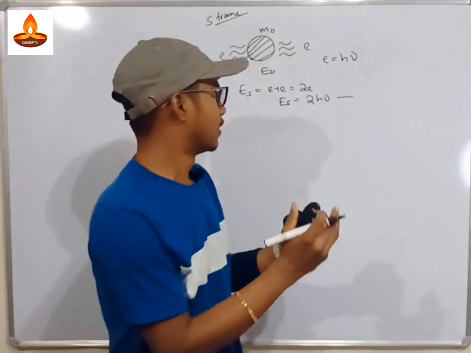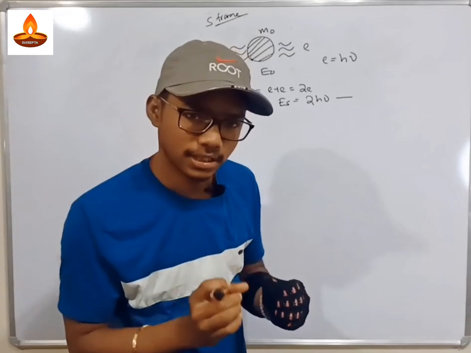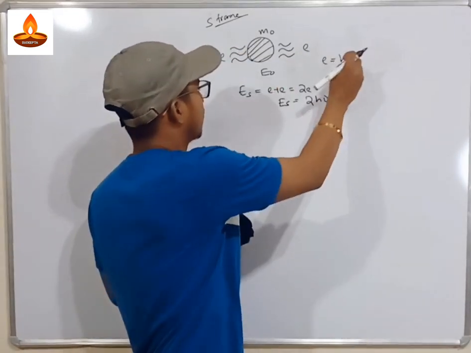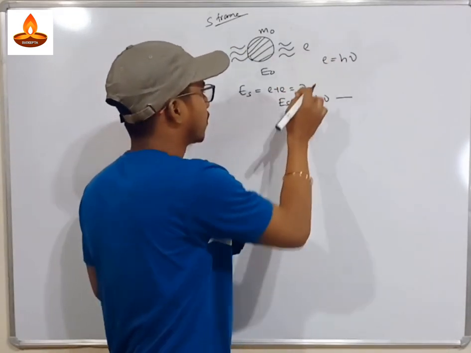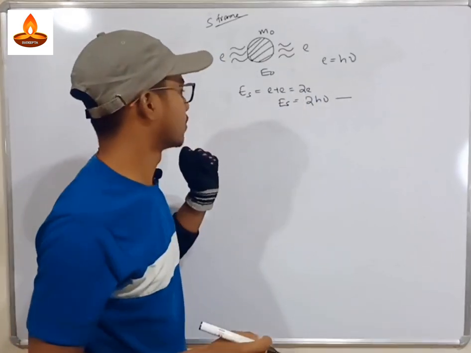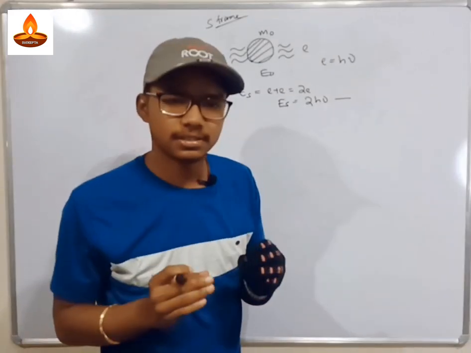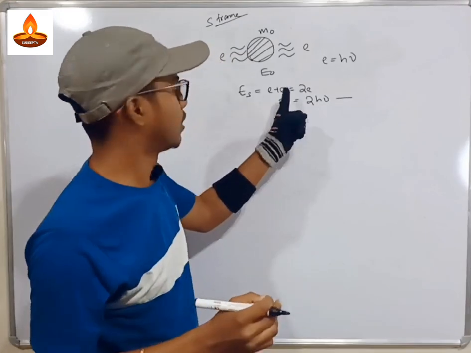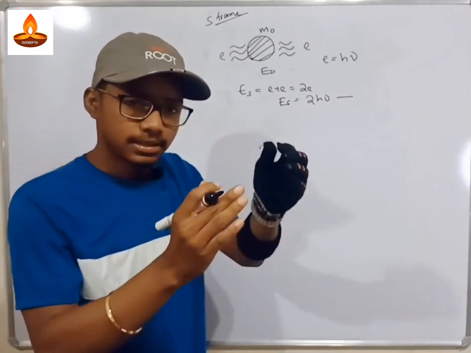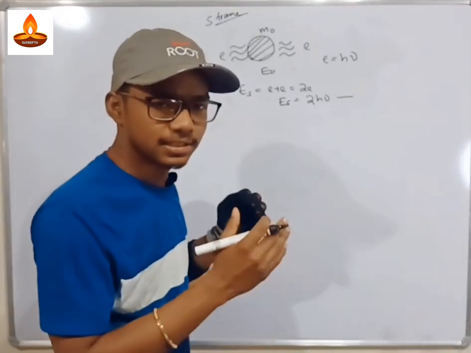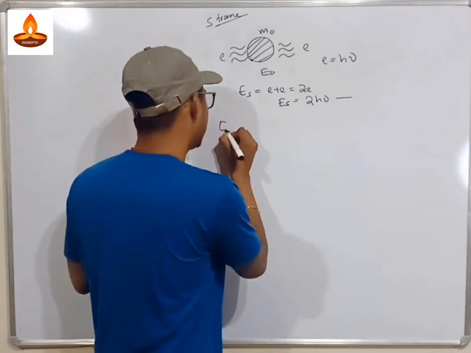What happened here? It has some energy E0, and it radiates one photon of energy small e and another small e. So the total energy emission is e plus e, equal to 2e. Let's say after the emission it has rest energy E1.